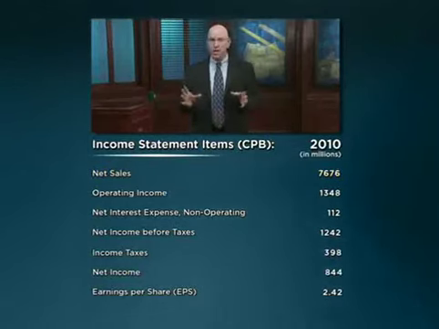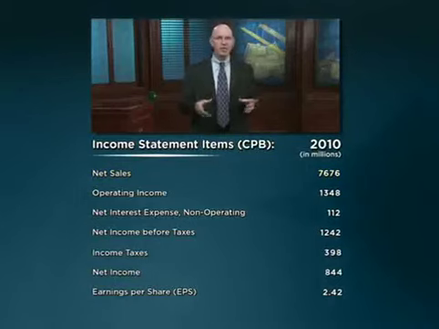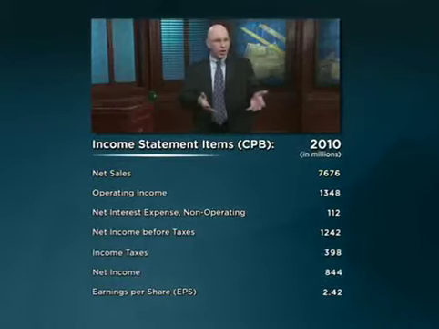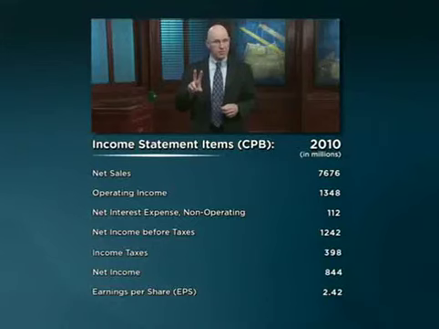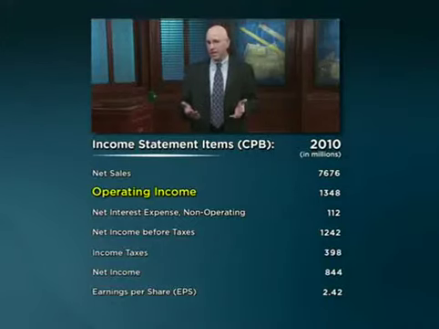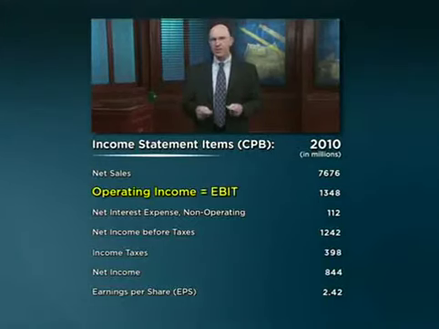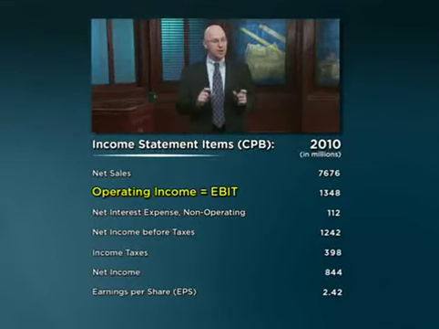Then, below the sales, come all the expenses of running the company, including production costs, marketing costs, R&D, and administrative expenses. After we subtract those expenses, we have a rough statement of earnings, which goes by two names. One name is operating income, and the other is EBIT, which is an acronym that stands for Earnings Before Interest and Taxes.